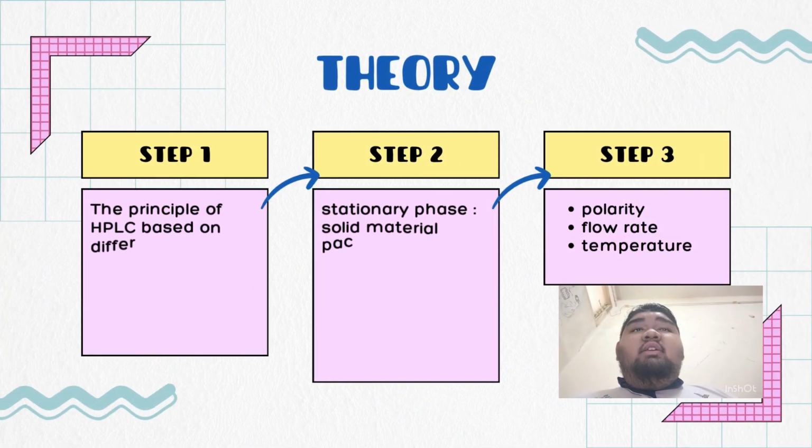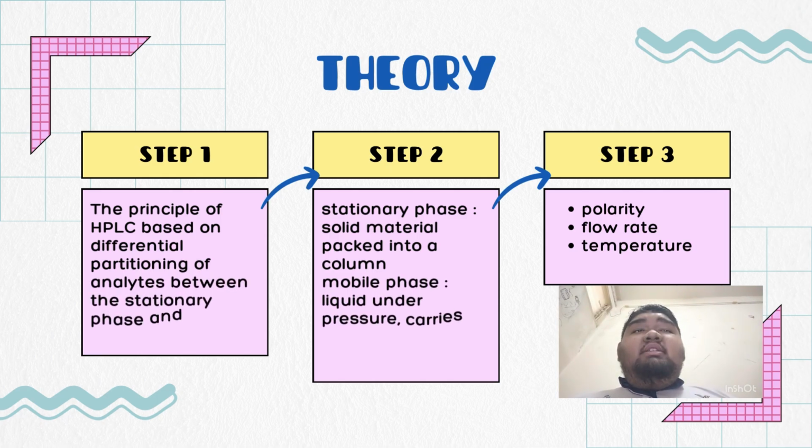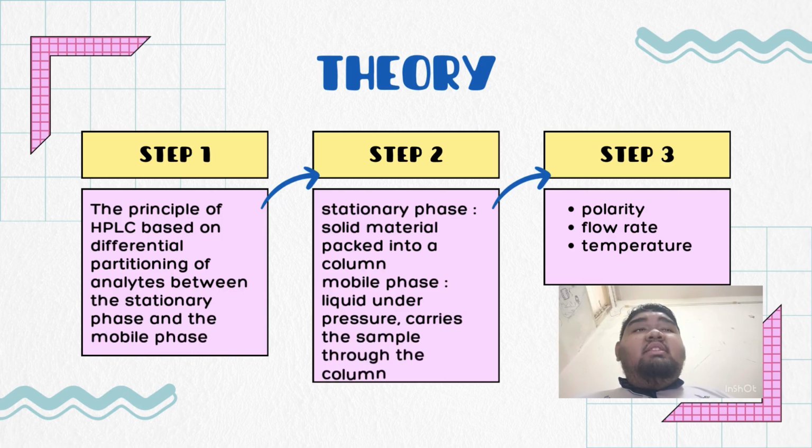Now we are moving to the theory behind HPLC. The principle of HPLC is based on the differential partitioning of analytes between the stationary phase and the mobile phase. The stationary phase, typically composed of a solid material packed into a column, interacts with the analytes based on their chemical properties such as polarity and molecular size.